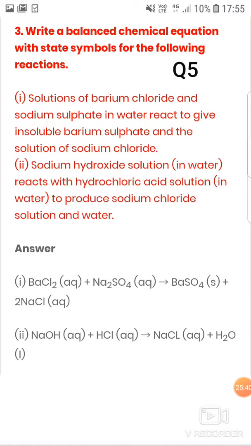Write a balanced chemical equation with state symbols for the following reaction. Solution of barium chloride and sodium sulfate in water react to give insoluble barium sulfate and the solution of sodium chloride.